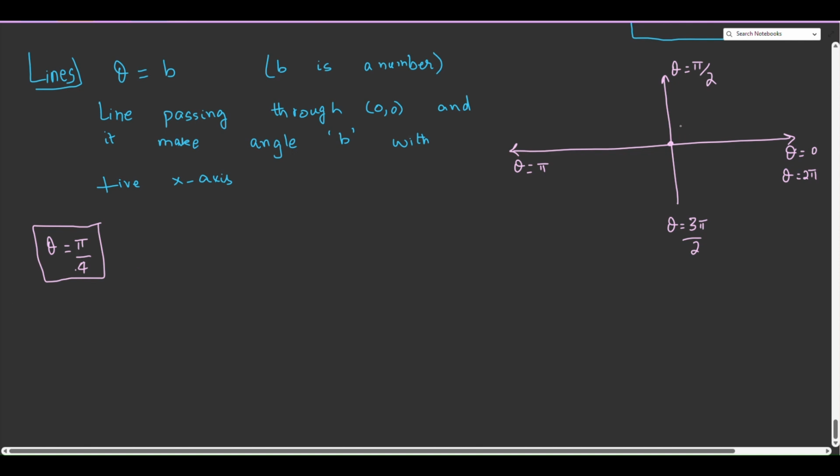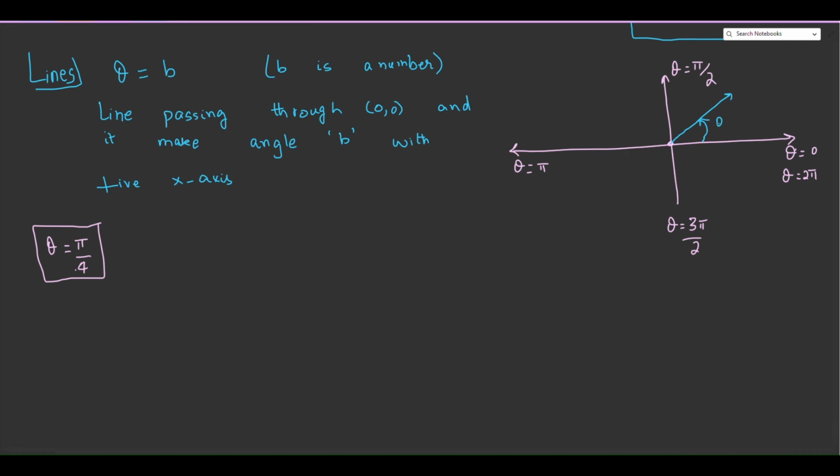So theta equals pi by 4 is a line starting from the origin, and it makes an angle of pi by 4 with the positive x-axis.